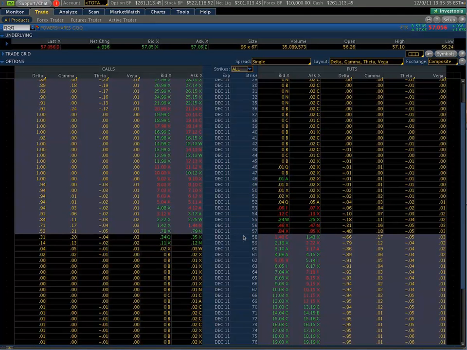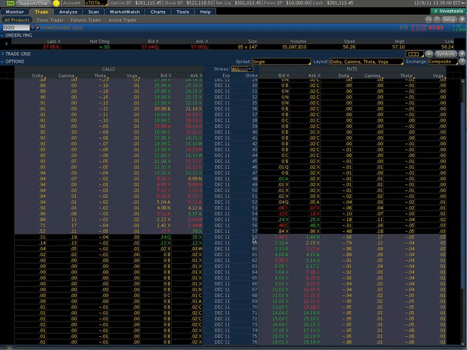So you can determine that if the Qs rise to the strike price of 58, the price of these options will rise to approximately 65 cents, rising 30 cents based on the delta for each option that you purchased. So a single option will rise by 30 cents.